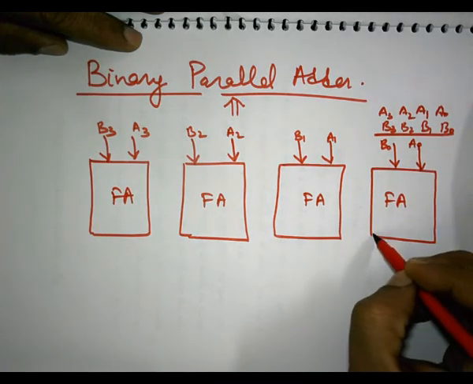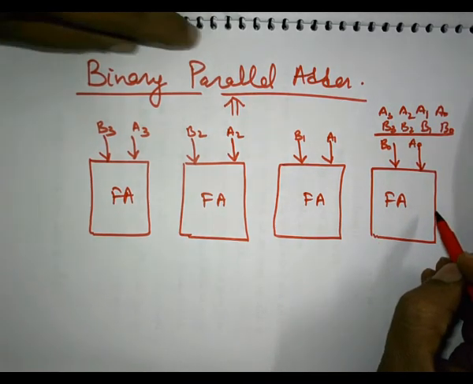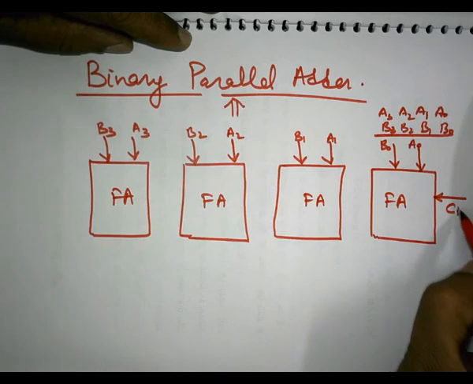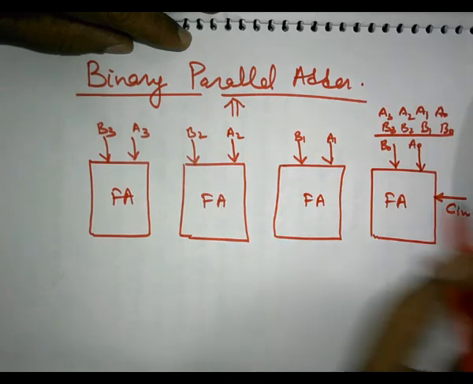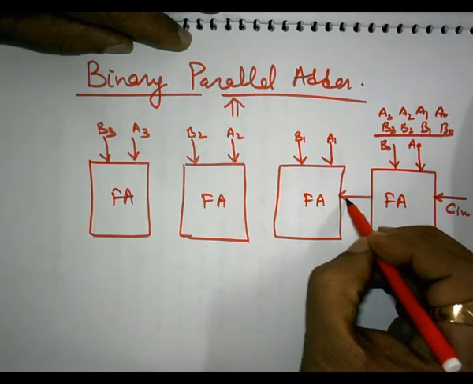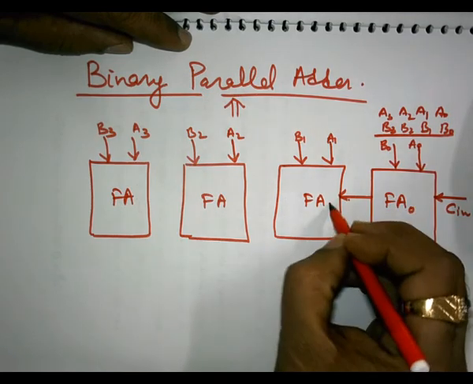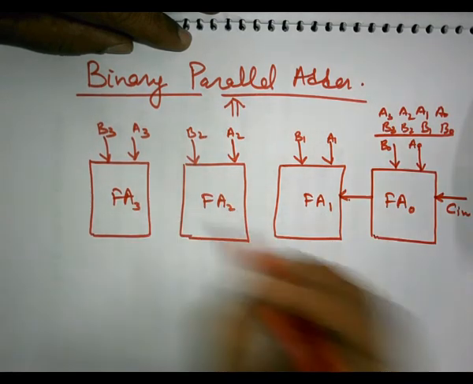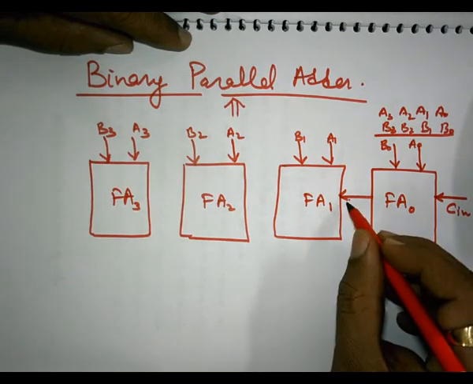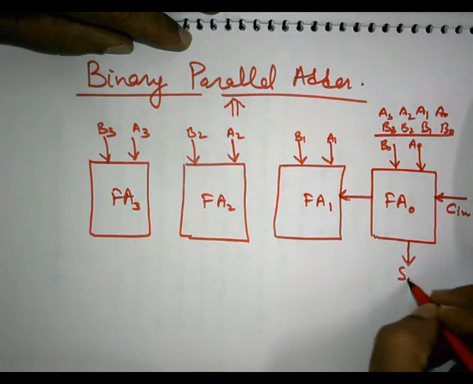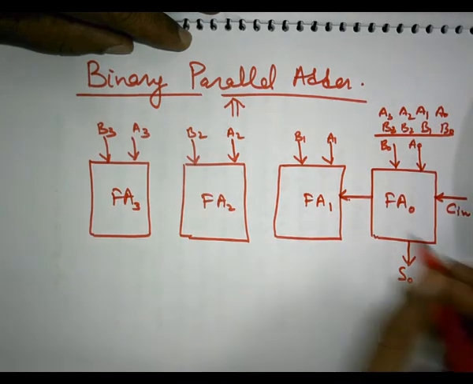Okay. And since it is a full adder, at the LSB bit position we are applying full adder. So naturally we will have a carry in bit for this, and then the carry out of this full adder number, say full adder number 0, full adder number 1, full adder number 2 and full adder number 3. So the carry out of full adder number 0 will go to the carry in of full adder number 1, and it will produce a sum output, say S0. Okay.